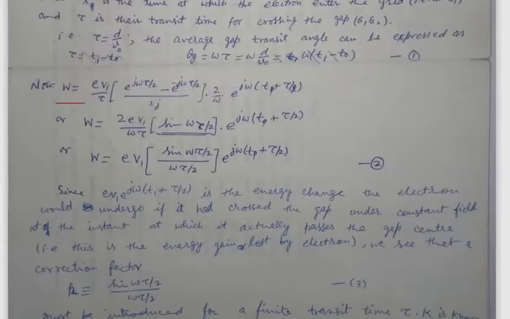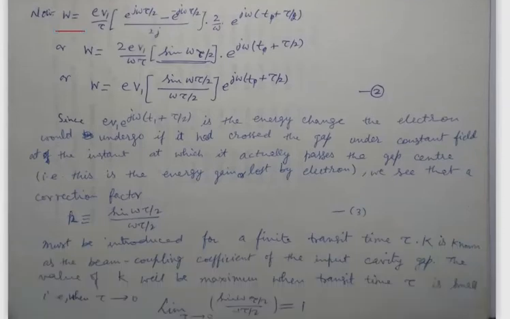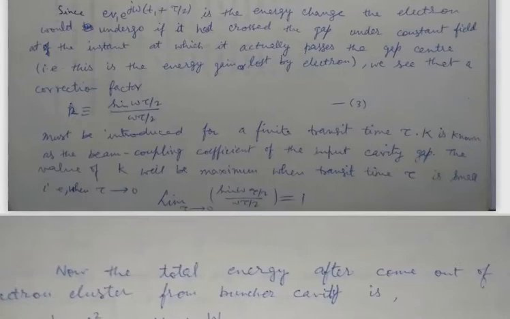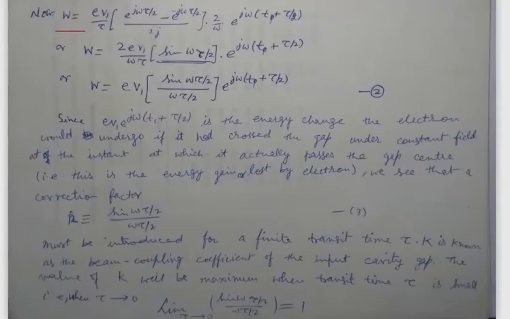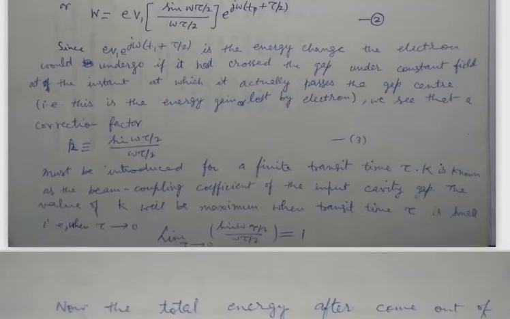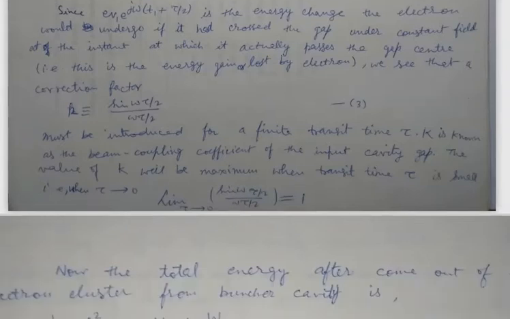We have therefore, in terms of tau, the work done equation in terms of W expressed by equation second. Here, if the tau is small, then this correlation factor has its maximum value unity.